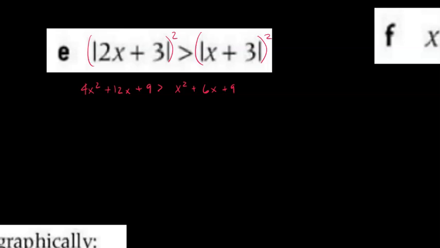Let's go ahead and it's negative x squared minus 6x minus 9 and 0. So that is 3x squared plus 6x is greater than 0.